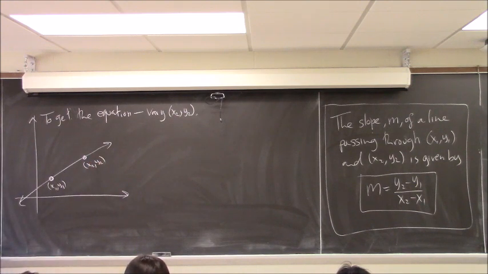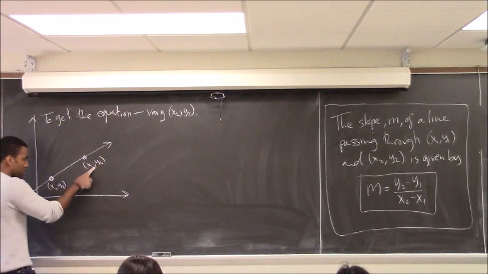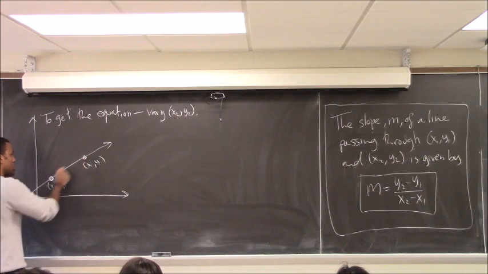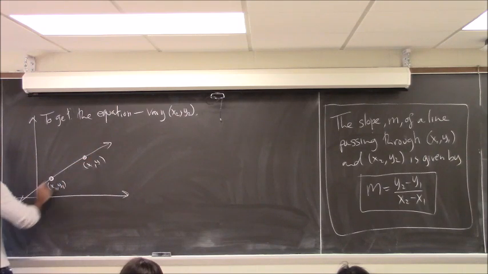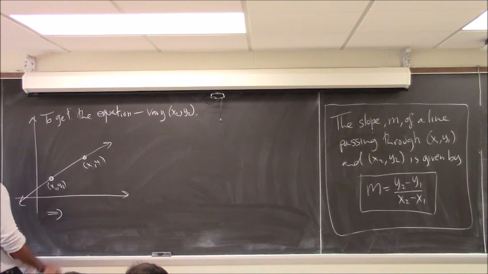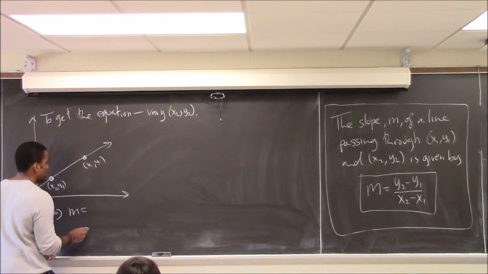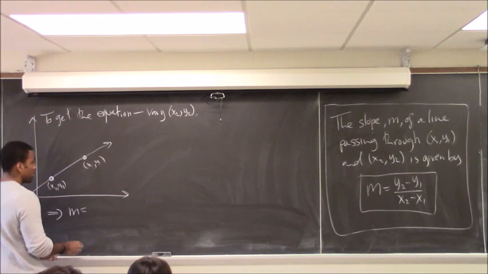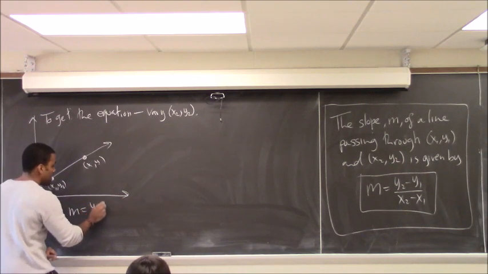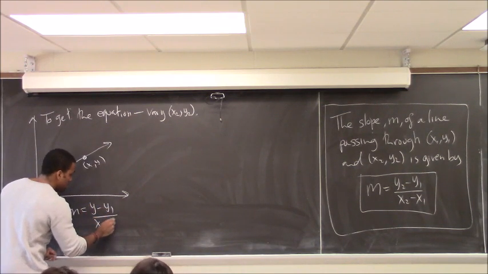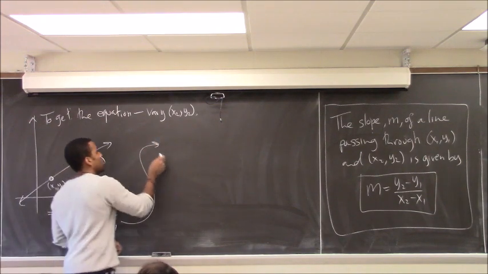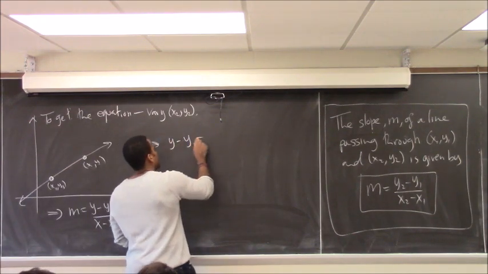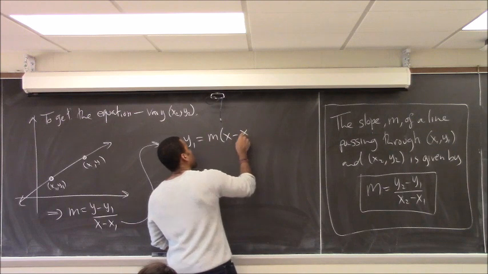But then we say, let's not make that a specific point. Let's call this x and y. Allow this point to move. So it's a variable now. I can change my x and y and run it along this line. And so this means that the slope is y2 minus y1 over x2 minus x1. In other words, this is going to be y minus y1 over x minus x1. Or we get y minus y1 equals m times (x minus x1).